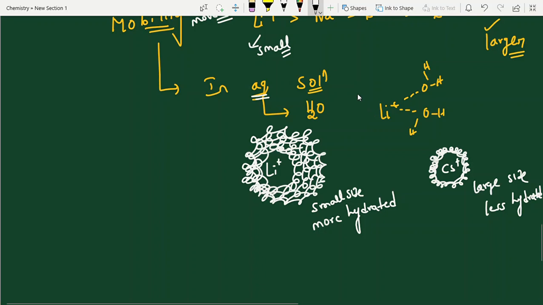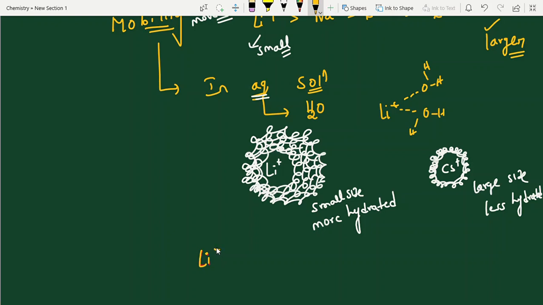Did you understand my point? What I'm trying to say? Yes. Lithium's mobility is now less, just the opposite. This is one of the most important questions in competitive exams. In the block elements topic also they ask, and in the chemical bonding chapter for advanced questions.